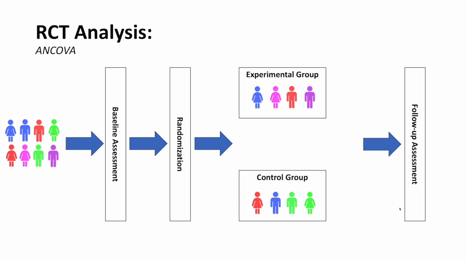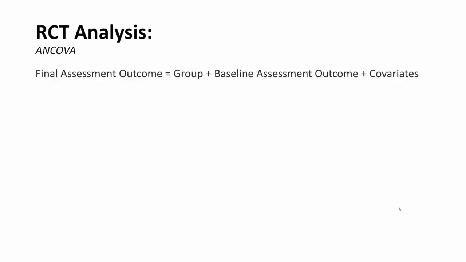And so here there's just the follow-up time point of final and baseline, and we're just looking at differences between groups at final after accounting for baseline differences. This is what our model looks like in terms of our final assessment. We're looking at whether the final assessment outcome of interest, whatever that may be, is different between groups after we account for baseline assessment outcome and our covariates of interest.